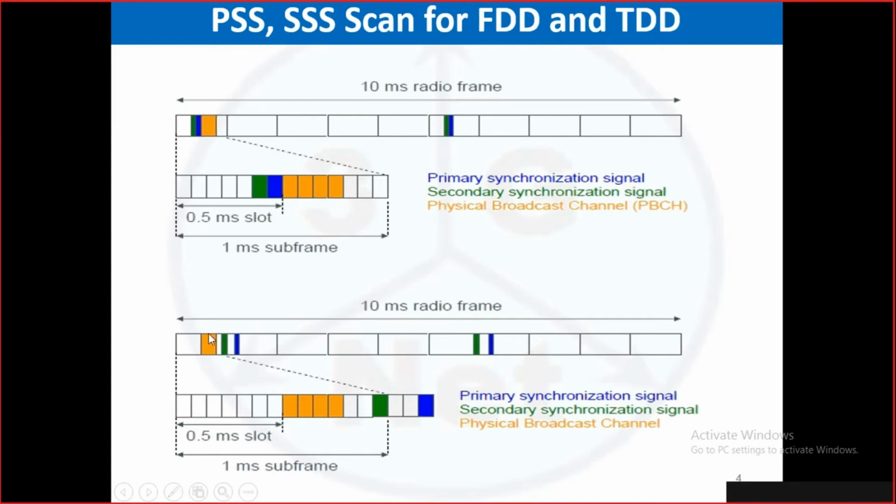Whether it is FDD or TDD doesn't matter. Your MIB always comes in exactly the same location. No difference whether it is TDD or FDD. Your PSS and SSS locations might differ, but not the master information block.